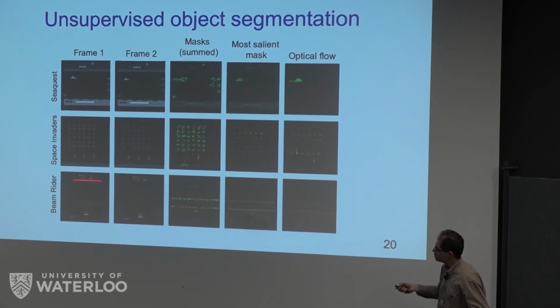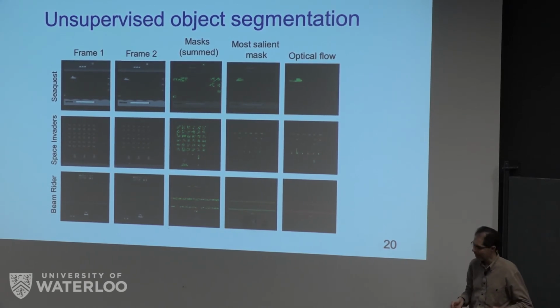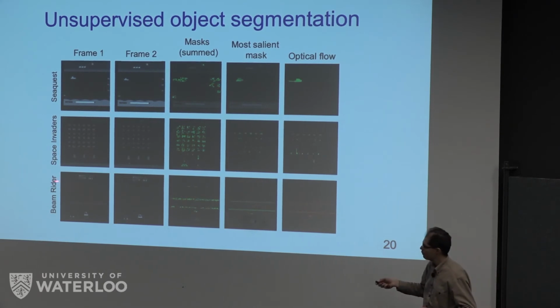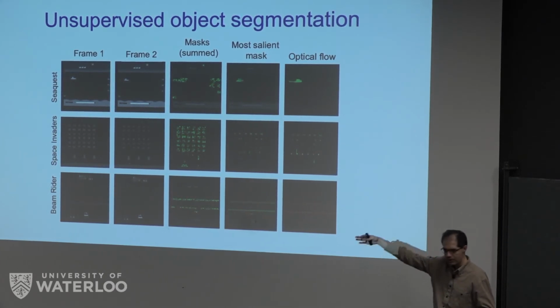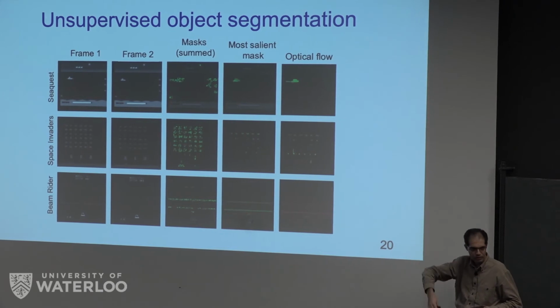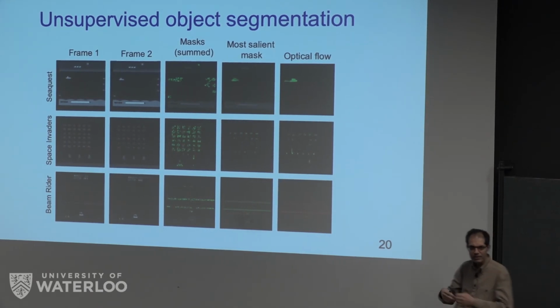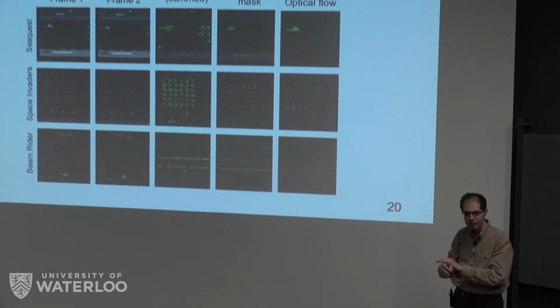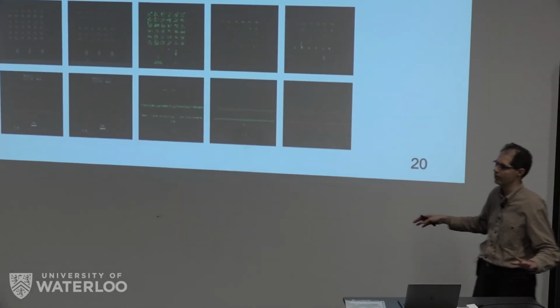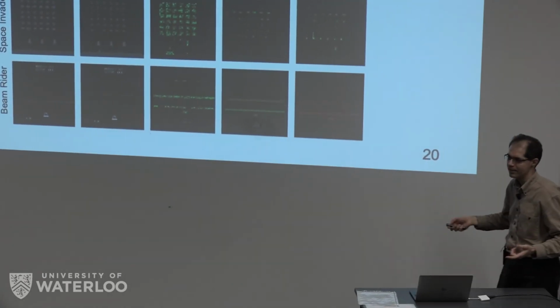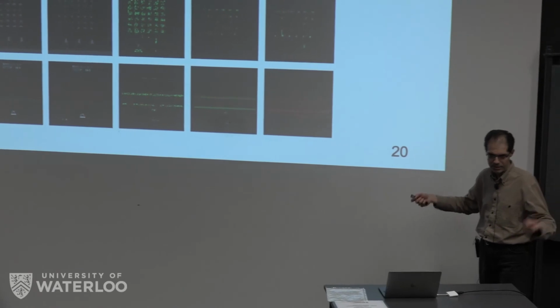The last one, Beam Rider, is very interesting because this is a game where you have some vertical lines that are beams that are essentially flowing down on the screen as you play. But these are just visual effects that have no impact on the game whatsoever. So our technique, in a sense, did what it was expected to do.